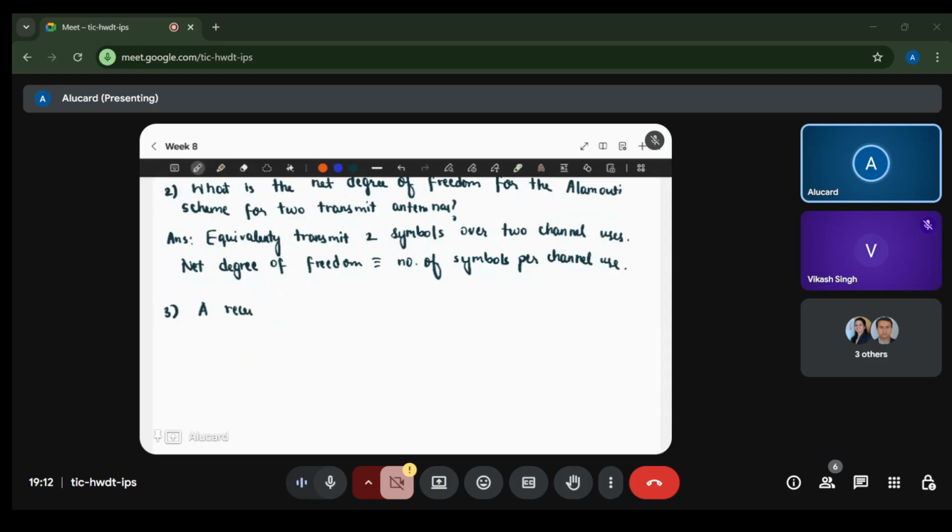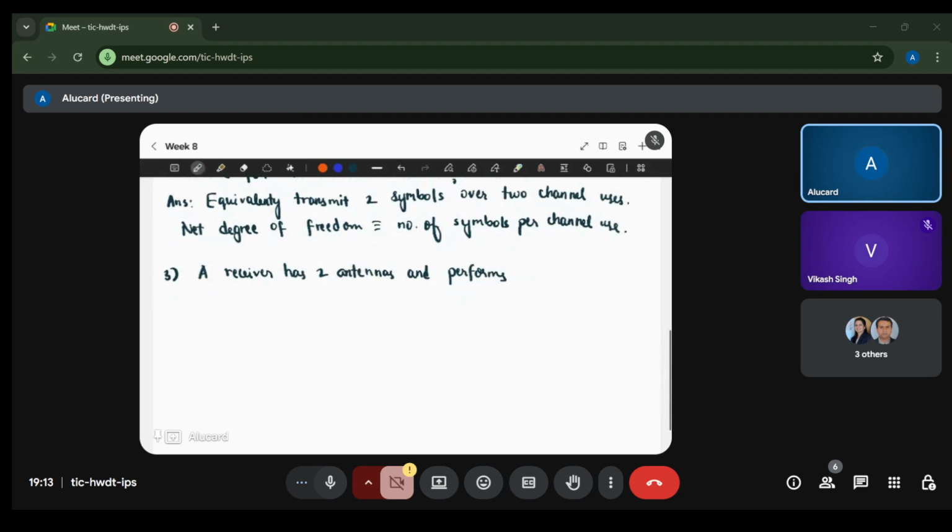A receiver has two antennas and performs maximal ratio combining to improve the bit error ratio.